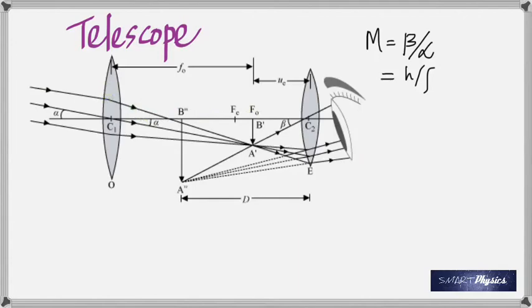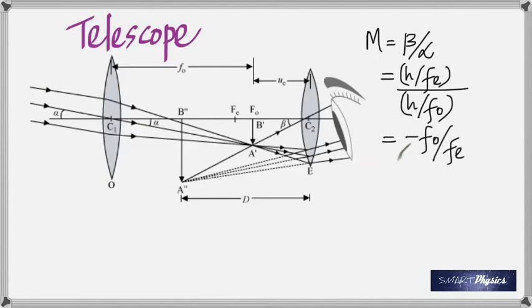So just like we did before, theta prime by theta, same thing, beta by alpha. And when you substitute, you get h by fe by h by fo. Finally, the h's cancel out, and then it becomes simply fo by fe. So magnification of telescope is just the ratio of their focal lengths.